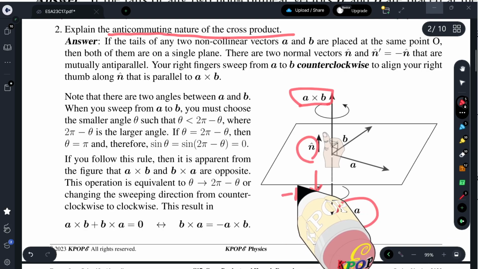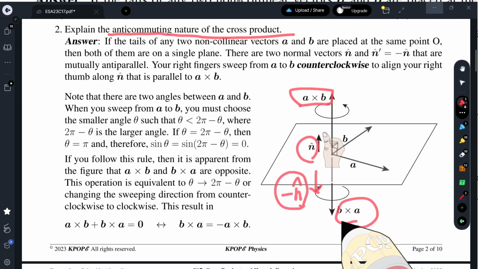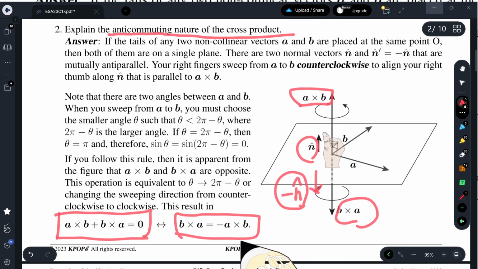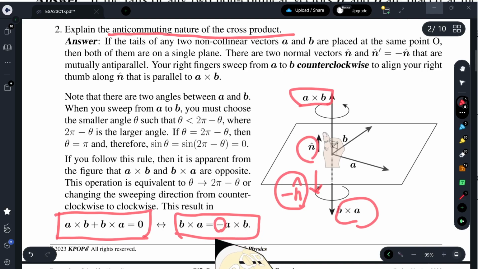So minus n hat is the unit vector along the direction of B cross A. Therefore, the sum of the two vectors must be 0, and their values are exactly the same in magnitude, but the direction is opposite. That is represented by the negative sign.